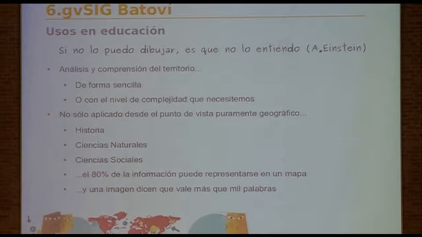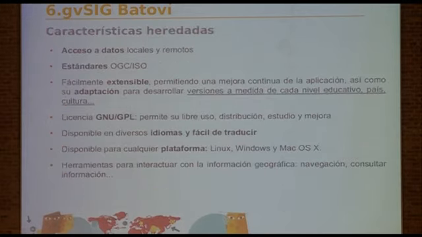It's not only about geography, but it includes interesting data from a natural science, social science point of view, to name a few. And an image is worth 1,000 words.